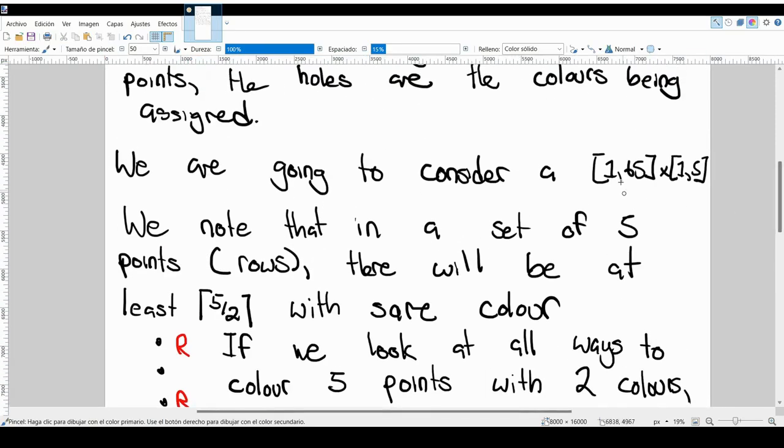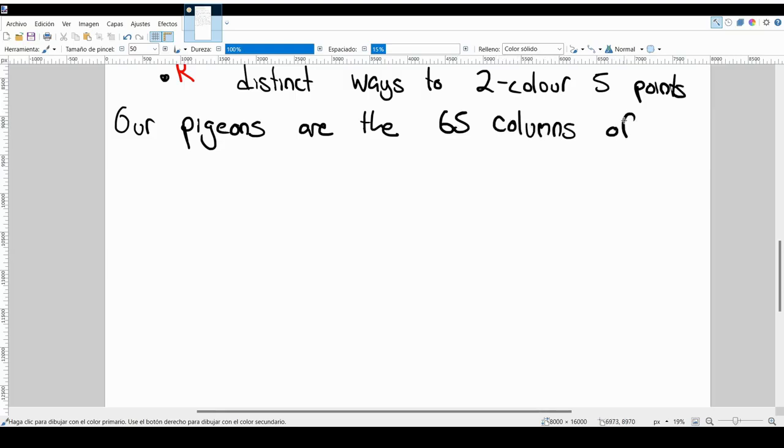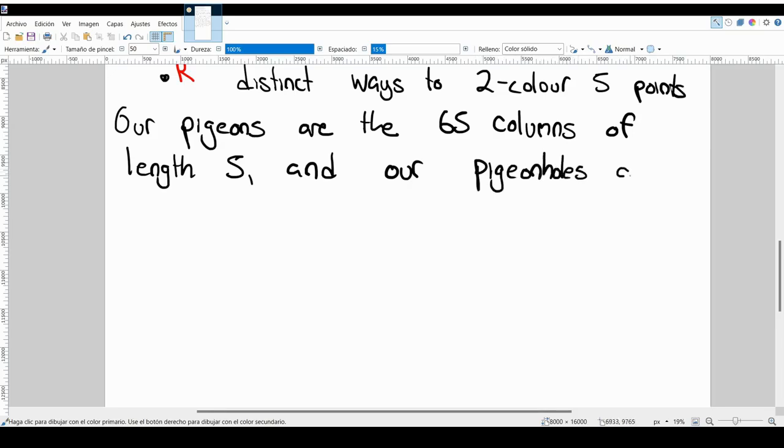Now we may recall that the grid has been defined as 1 by 65 and 1 by 5. So that's 65 columns and 5 rows. We can note now our pigeons are the 65 columns of length 5, and our pigeonholes are the 32 distinct colorings.